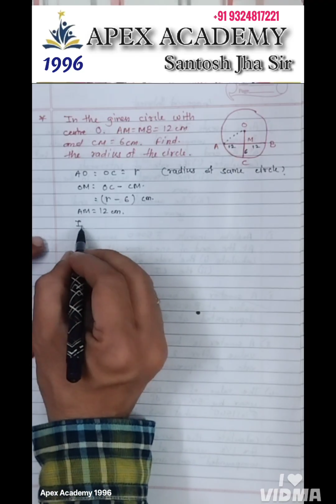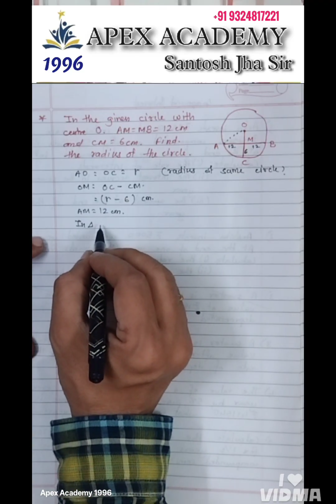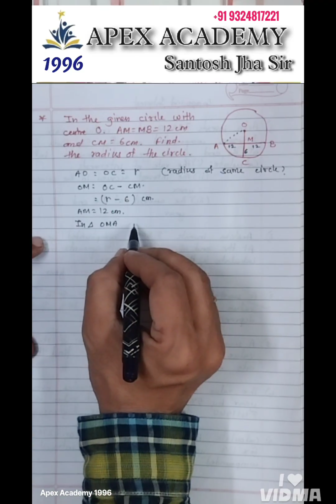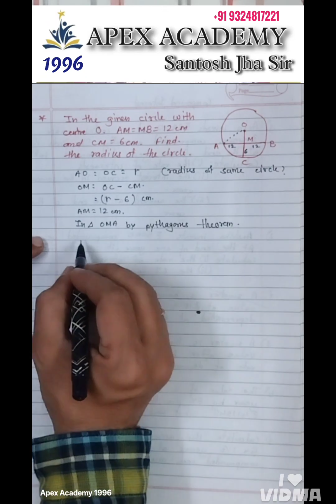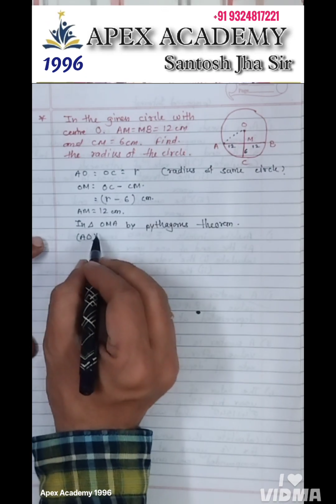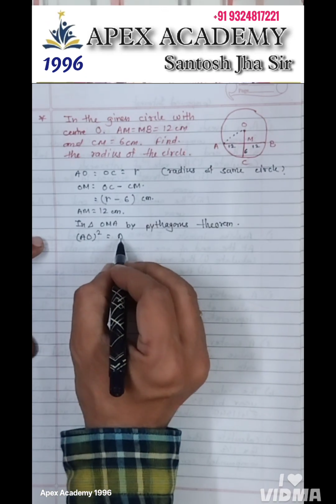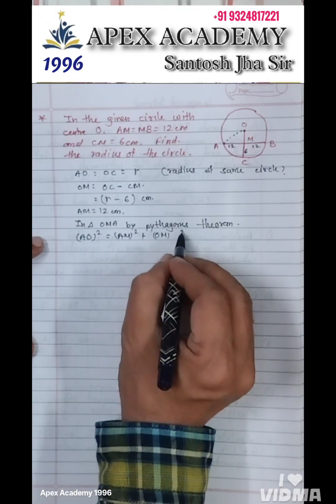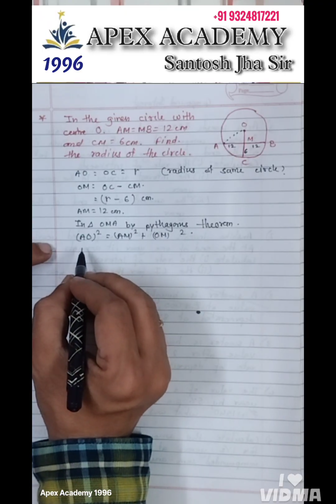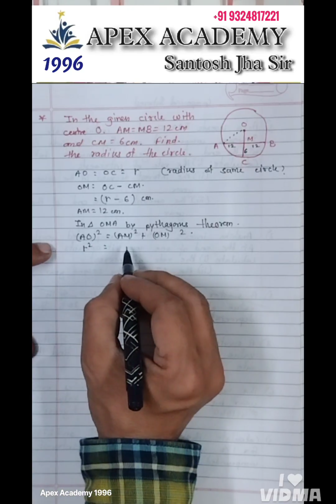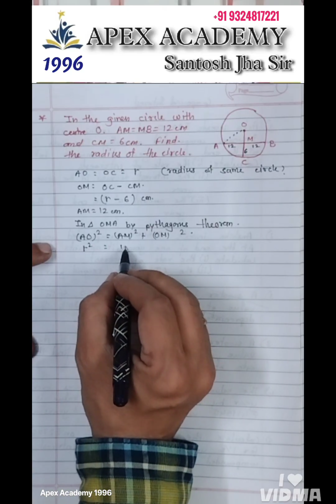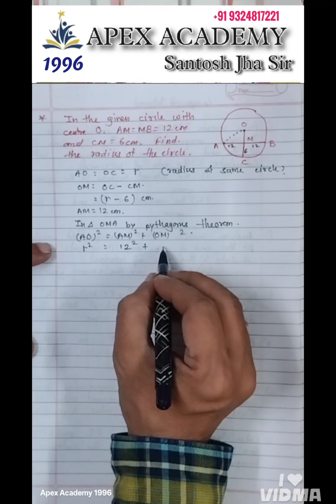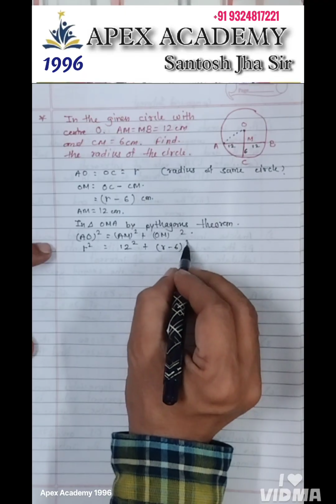So now in triangle OMA we'll apply the Pythagoras theorem. So according to that we'll get AO square equals AM square plus OM square. So AO is the radius, AM is 12 already given, and OM is R minus 6.